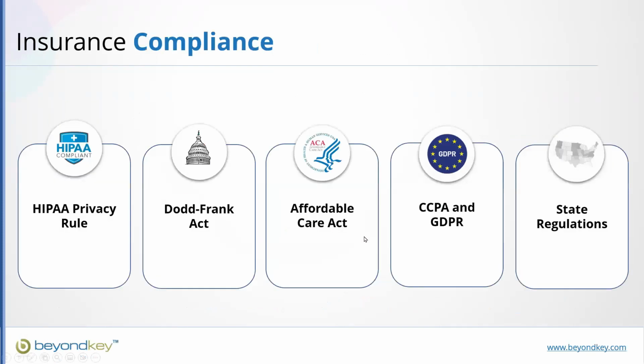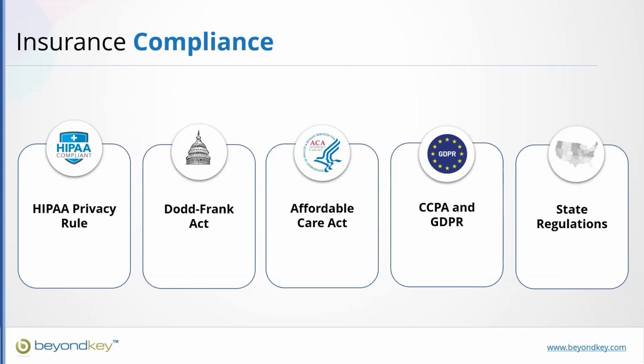And it's part of the reason why it's so vital, because with all the things that are going on in the insurance industry, you also have a lot of compliance challenges that you're facing right now as well. So for example, as we've seen in the past few decades, there's been a lot of changes to HIPAA privacy rules. Making sure that you're treating all of your policyholders' information as private is so vital, because you do receive a lot of healthcare information, especially if you're in life insurance or healthcare insurance.